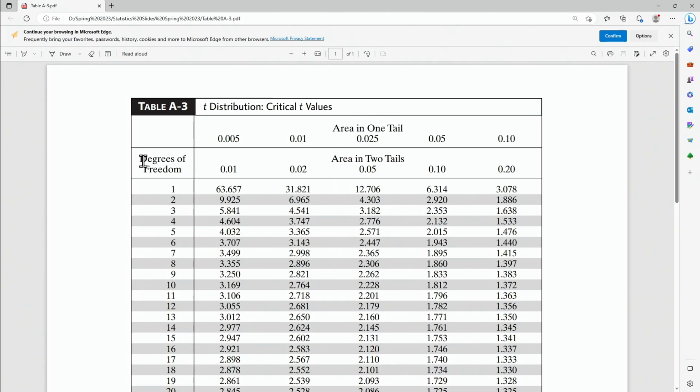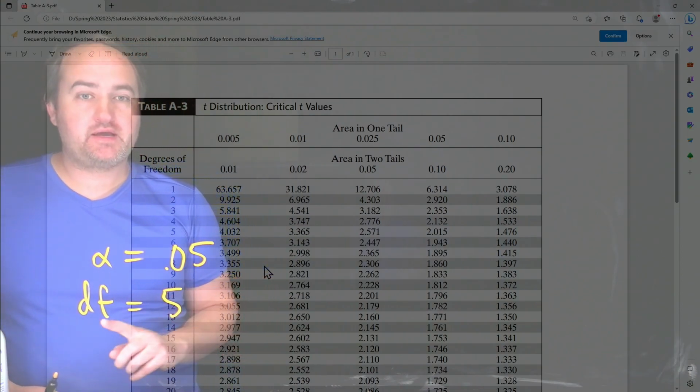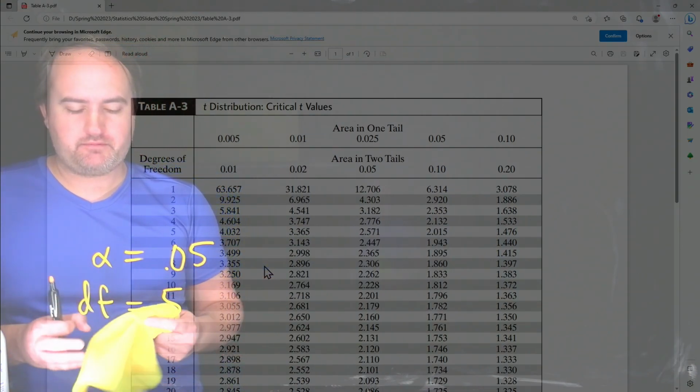And then on the left side, you're going to see degrees of freedom. So in this problem, we said that the degrees of freedom was 5, and we said that the area in two tails was 0.05. So if I turn the camera back on, we said alpha was 0.05 and the degrees of freedom was 5.